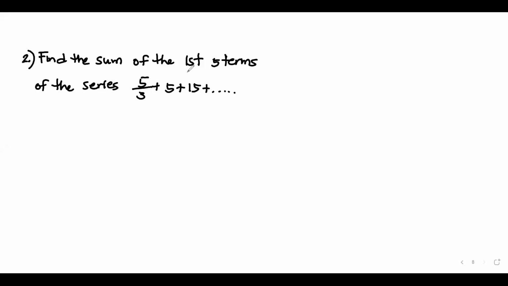Find the sum of the first 5 terms of the series 5/3, 5, 15, and so on. So this is infinite again, but we just need to get the sum of the first 5 terms. Given the first 3 terms, we don't know the fourth and the fifth, but we just need to get the sum up to the fifth term only.